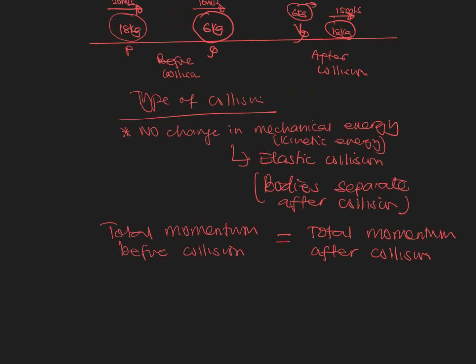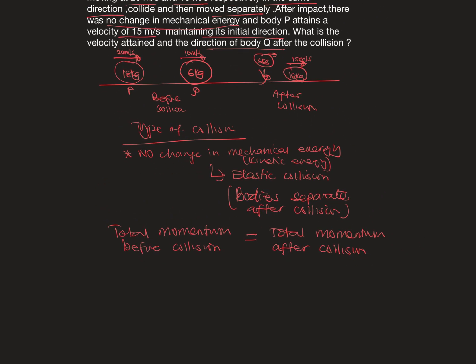So if I want to find the total momentum before collision for body P and Q, it will be the mass of P, the initial velocity of P, plus the mass of Q multiplied by the initial velocity of Q. This should be equal to the mass of P multiplied by the final velocity of P plus the mass of Q multiplied by the final velocity of Q.